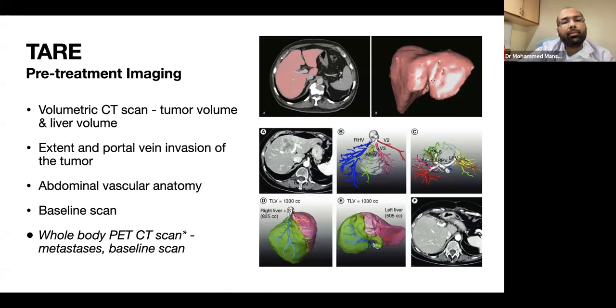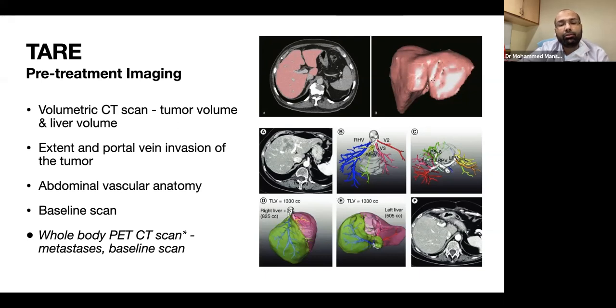Pre-treatment imaging involves a volumetric CT scan where you accurately assess the volume of the healthy liver, the volume of the tumor, and if there is an invasion of the portal vein, then you assess the extent of tumor thrombus in the portal vein. And you can also have a very good estimation of the abdominal vascular anatomy before going into the cath lab, and it also serves as a baseline.